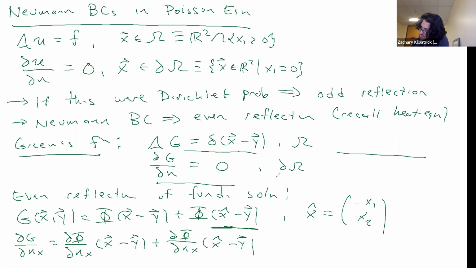But I'm only worried about this satisfying the boundary condition on the boundary, right? So I only need to check this on the boundary. So let's look at our boundary here, right? What is the normal on the boundary? Okay, so here's my d omega, right? It's always just a vector pointing straight down, right?